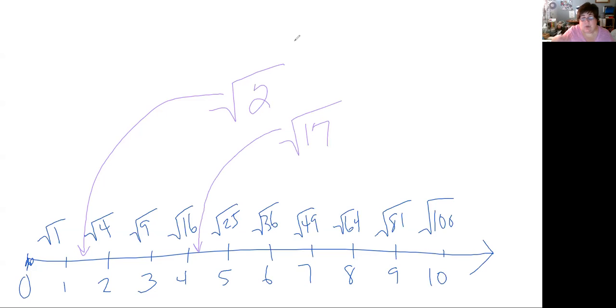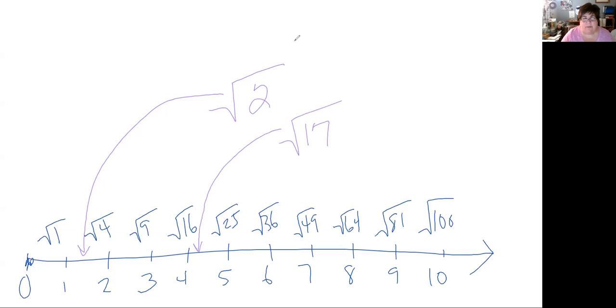If you're given the actual number, well, I don't know how to explain this exactly. Well, we'll go more into it about how to place them onto the number line.